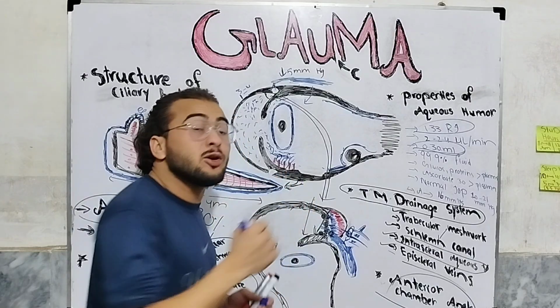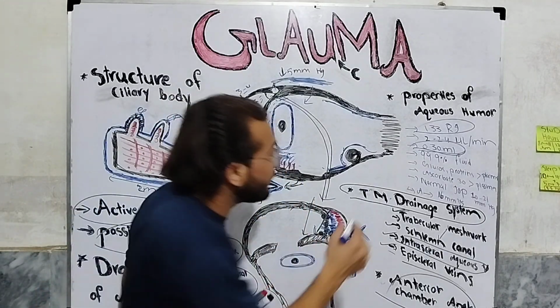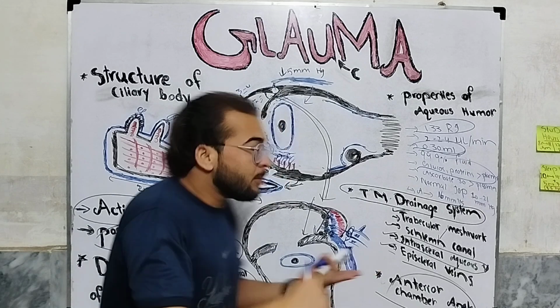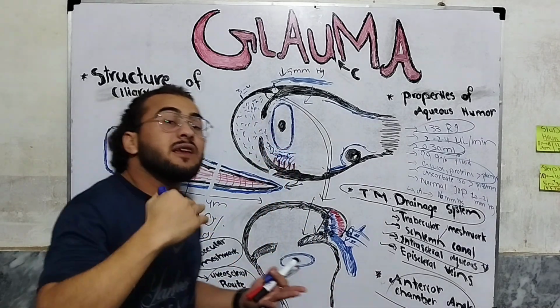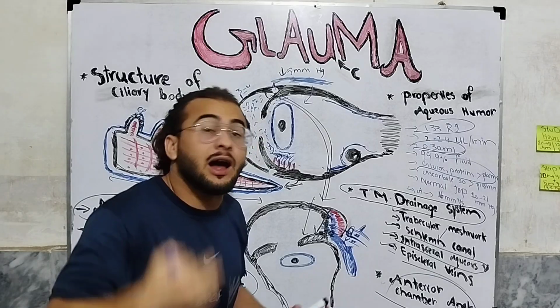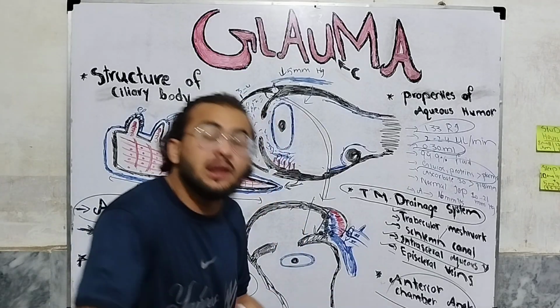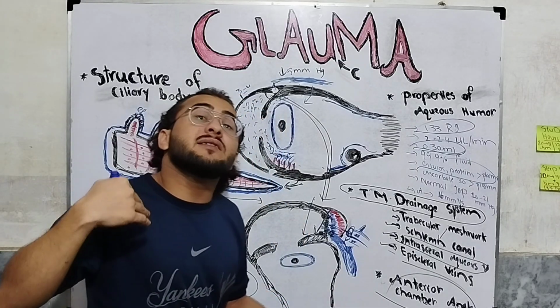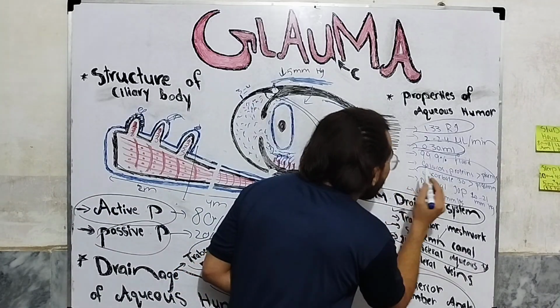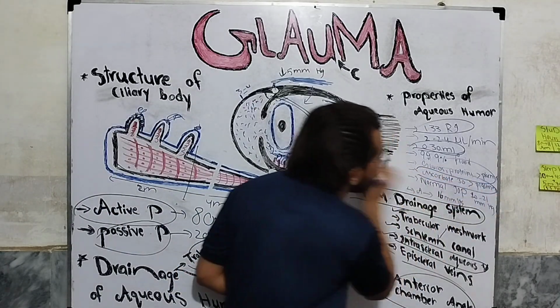And the proteins and the glucose component is less than the plasma. But the ascorbate component in this aqueous humor is about 30 times more than plasma. Although the glucose and the proteins level are less, the ascorbate level is 30 times more, okay. So it has a unique composition.